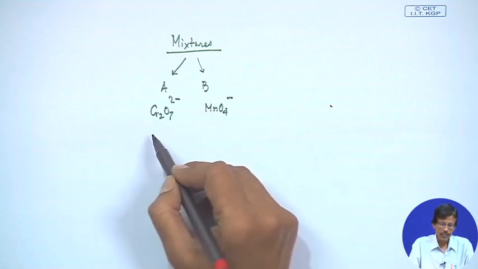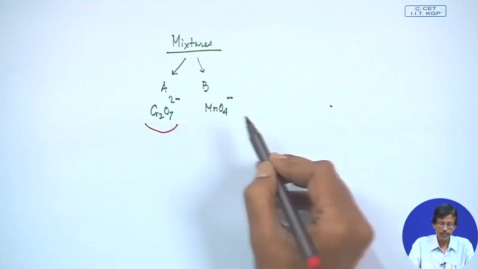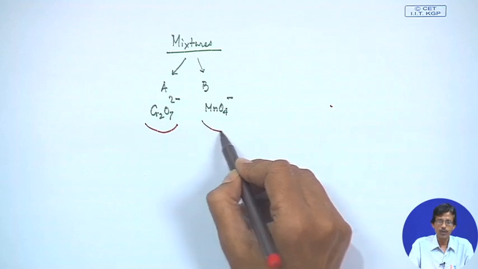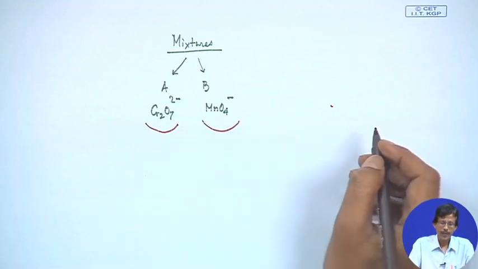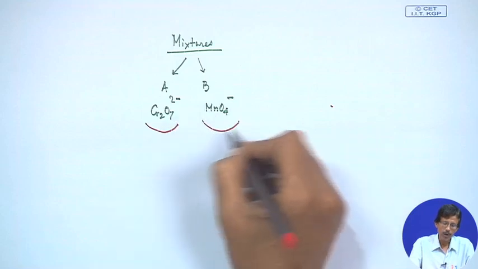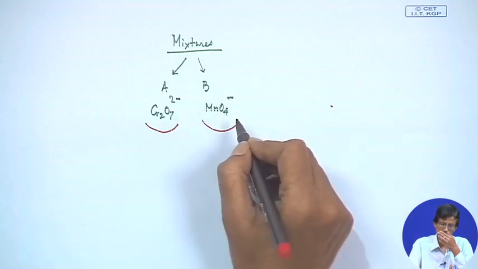So, we want to determine the unknown concentration of dichromate and the unknown concentration of potassium permanganate in these mixtures, but whether we will be able to apply Beer's law for these mixtures or not.